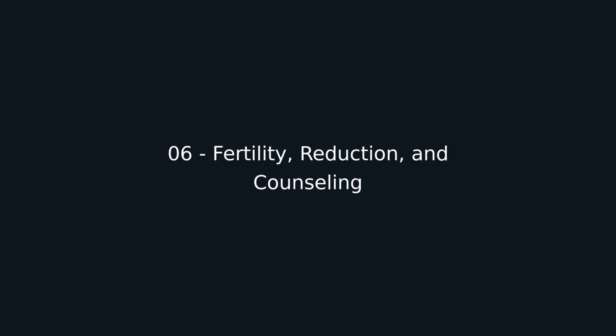CVS before reduction can clarify fetal karyotype in selected cases and does not necessarily add loss risk when performed by experienced operators, but it is not mandatory for every case. The principle is to get enough information to reduce the right risk without delaying so long that the pregnancy enters a more dangerous gestational window.